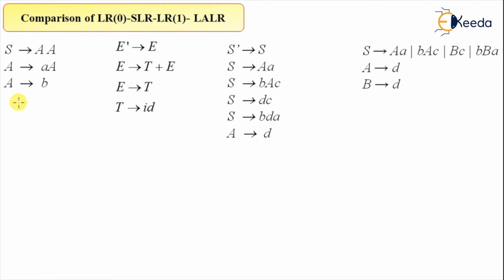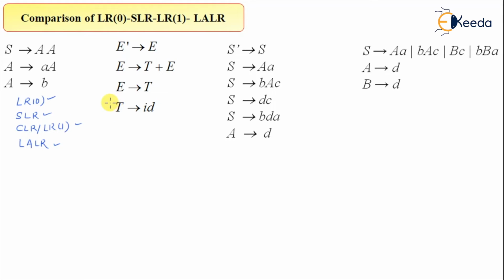We constructed the LR0 parsing table, then the SLR parsing table, then the CLR or LR1 parsing table, and finally we did the minimization of this. So four categories of this problem we have covered in LALR. And this grammar was fine in LR0, SLR, CLR and LALR, no issue with this.